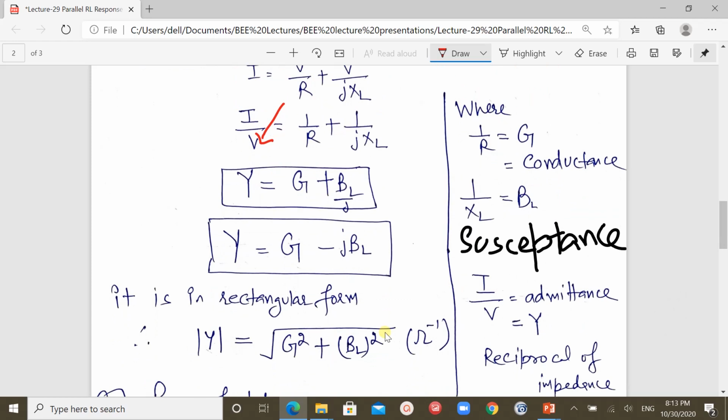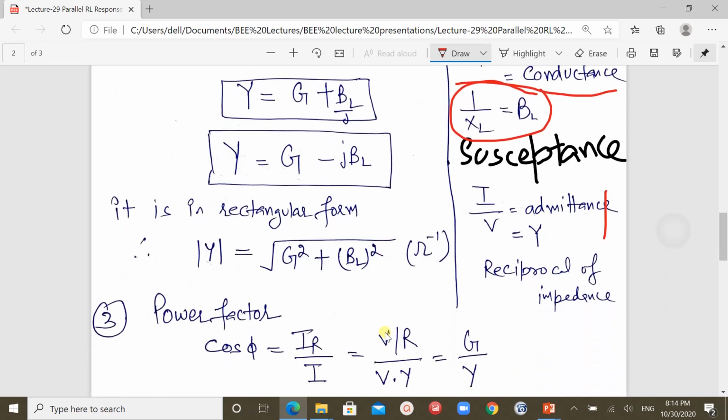And here on the right side I have written that 1 upon R is G, the reciprocal of resistance, which is conductance. As you know, this is discussed in the basic lectures. And 1 upon XL is BL. This is new for you. This is susceptance. Susceptance is the imaginary part of the admittance. So 1 upon XL is equal to BL, and 1 upon Z is admittance, and it is denoted by Y, and it is the reciprocal of impedance.